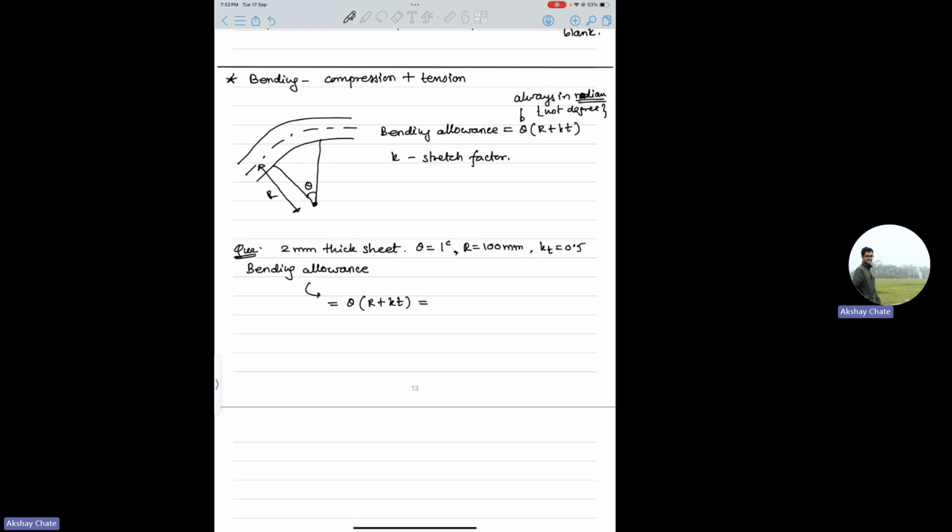So the stretch factor is just k. It is already in radians, so no need to convert. 100 plus 0.5 into 2, so therefore 101 mm. So this is how you have to solve some numericals if they are asked.